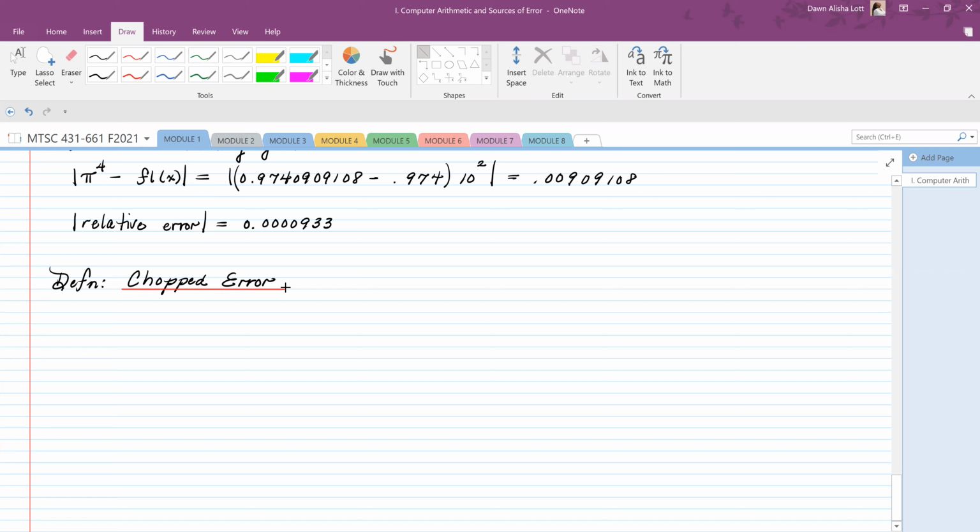We just chop it off. So in some cases, the chopped error may be the same as the round off error, and in other cases, it may not. So for us, FL of X is going to be the sign of X times 0.A1, and we just stop. We don't even care about what's afterwards. We just quit.